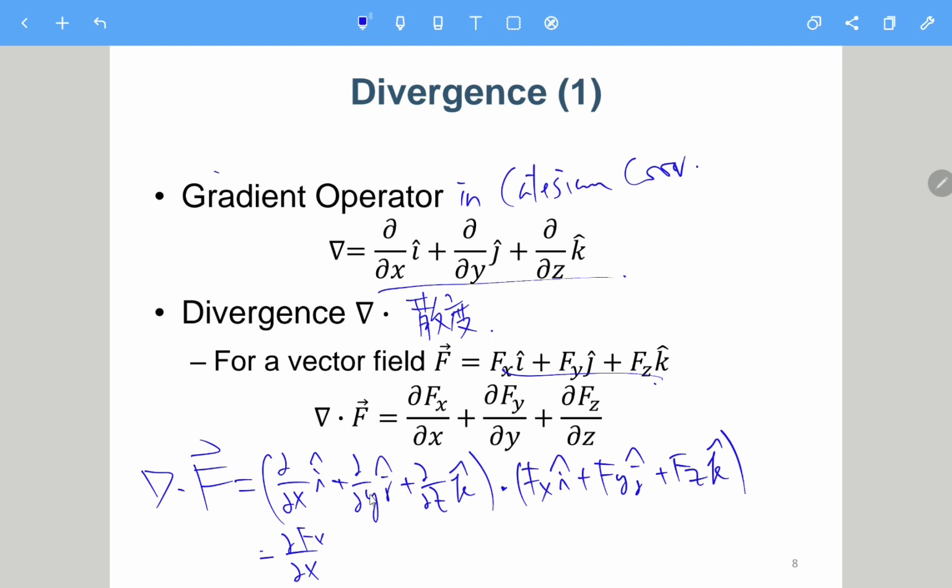And then the second term here, partial y j with the first term, 0. And then the second term with the second term, j dot j will be 1, so we have plus partial y fy. And then similarly, the different terms will be 0 and the same term, k dot k will be 1, so we have partial z fz like this, which is actually this one.